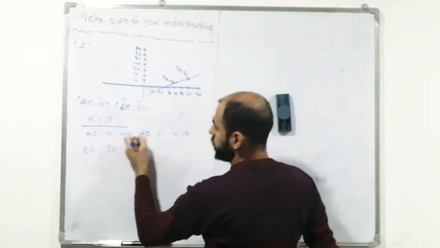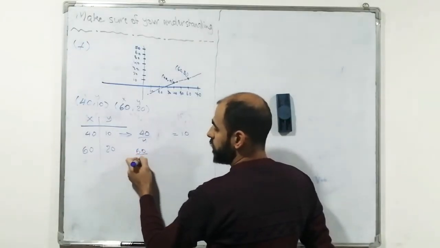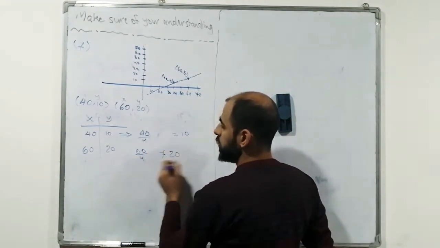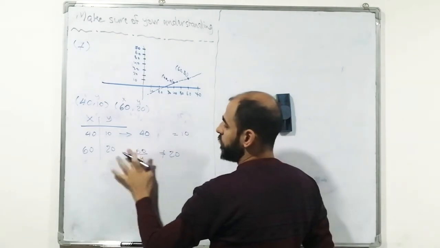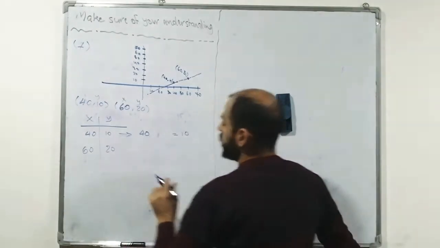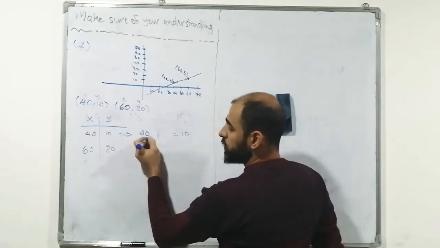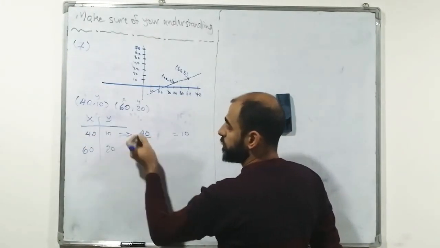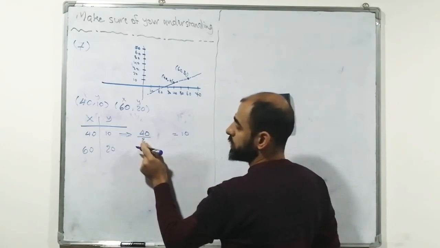Then if we divide 40 over 4 we get 10. Now 16 over 4 does not equal 20. So this function rule is false. Now we have to find another function rule. If we divide the number 40 over 2, it will equal 20.